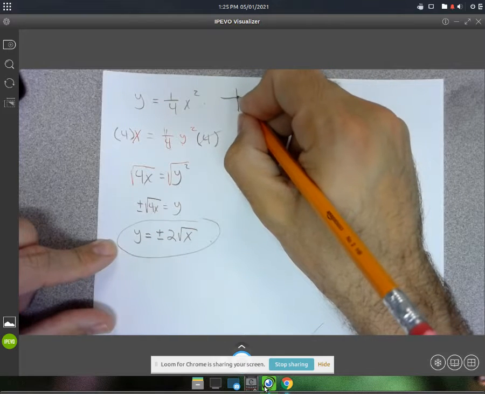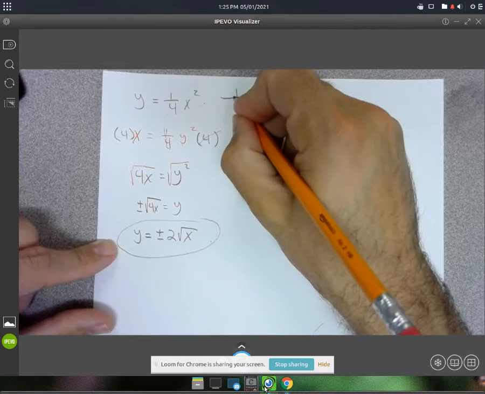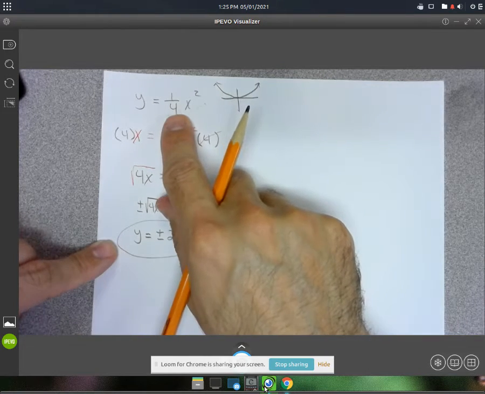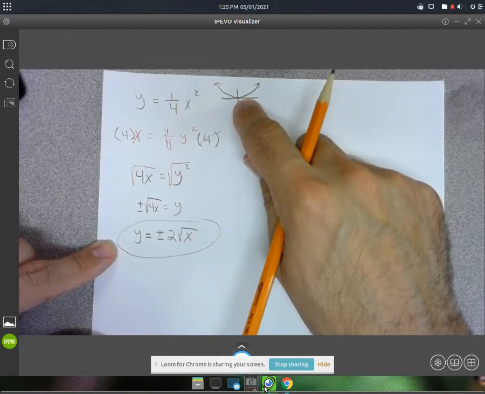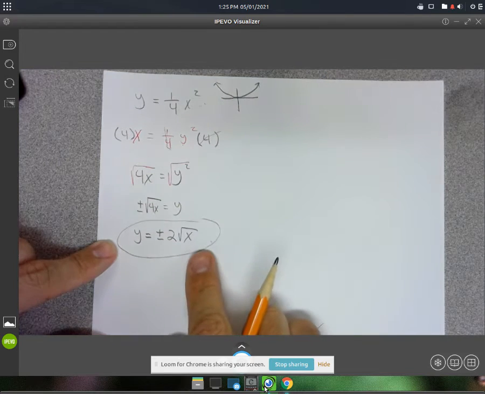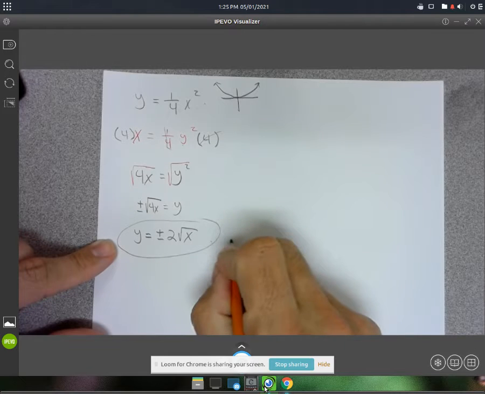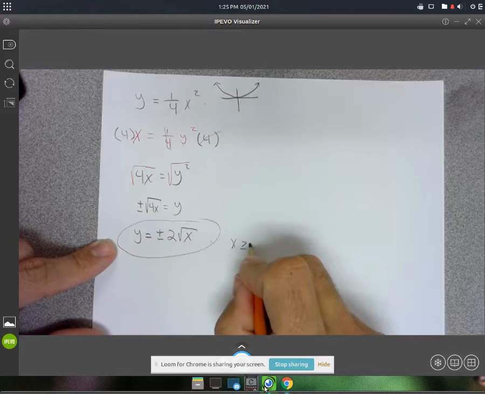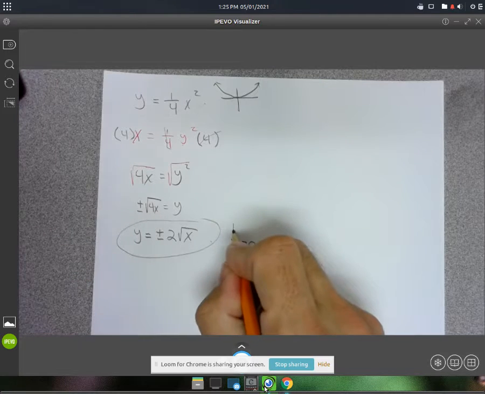So this thing's still going to start in the center, and it's just going to open up kind of slowly. That's what that 1/4 does, it vertically compresses it. So the range of this would be 0 to infinity. It starts at 0 and goes up forever. So that would mean that the domain of the inverse is 0 to infinity, or you could say x is greater than or equal to 0. So that's going to be our domain here.